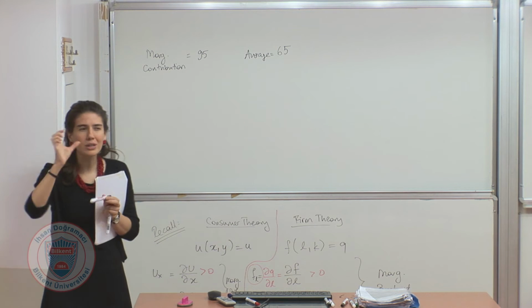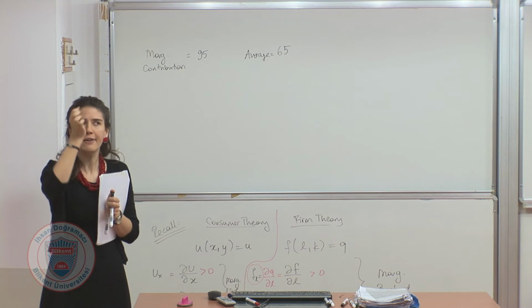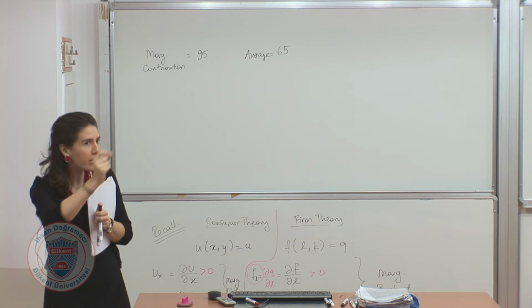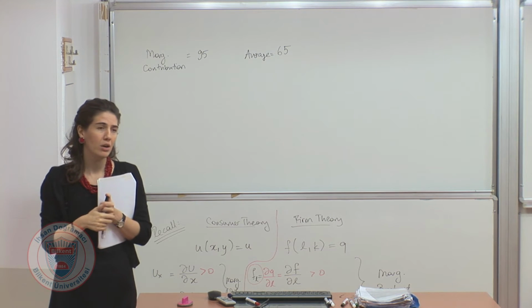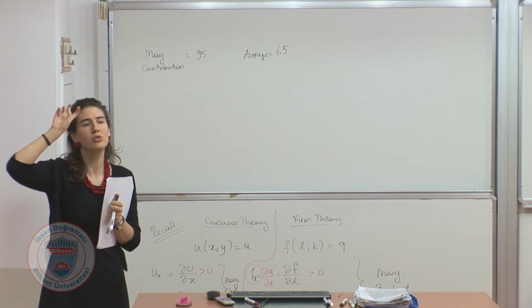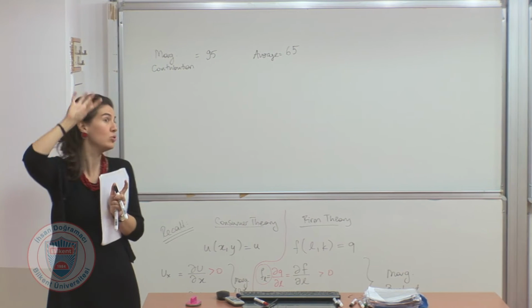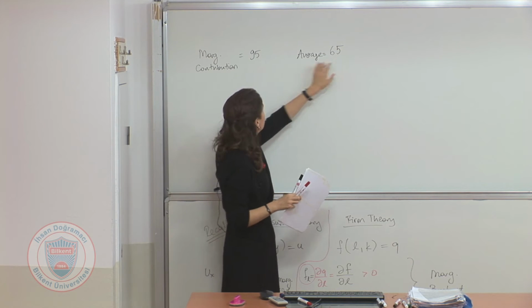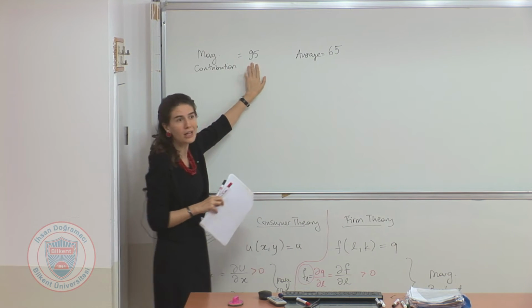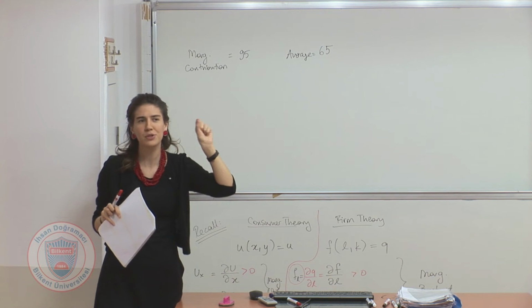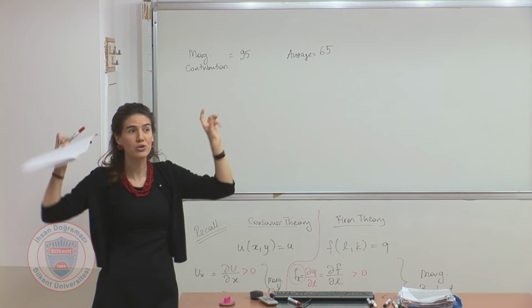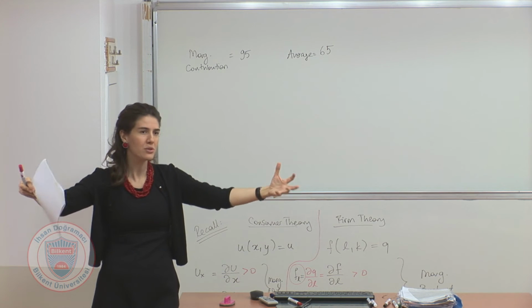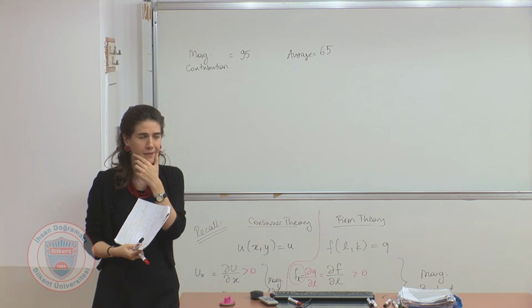So remember all these marginal concepts, right? If I add another one, how much will it contribute to the total output, total utility, right? So remember the average was 65, and then I figured out that your friend got 95, so his marginal contribution to the sum of total grades would be 95, right?